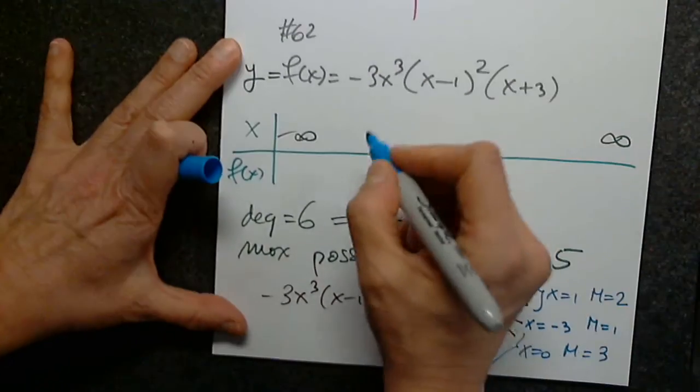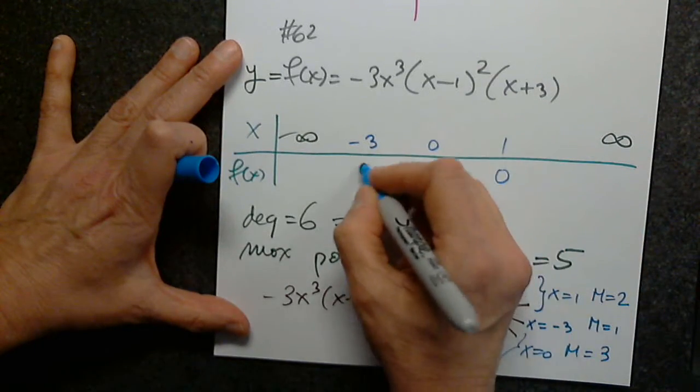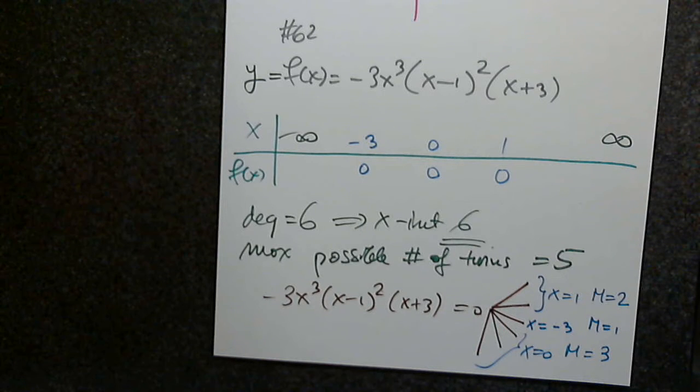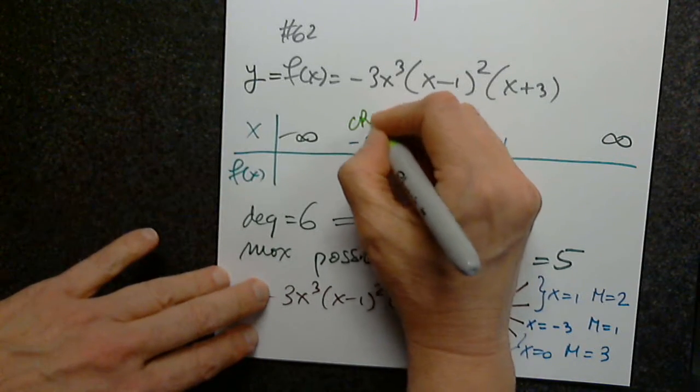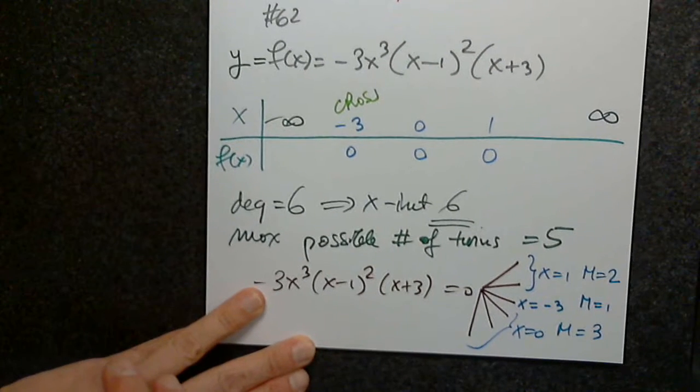So let's put them in the table. -3, 0, and 1, with y equal to 0. What will you indicate above -3? A cross. What will be the note above 0? Turn.